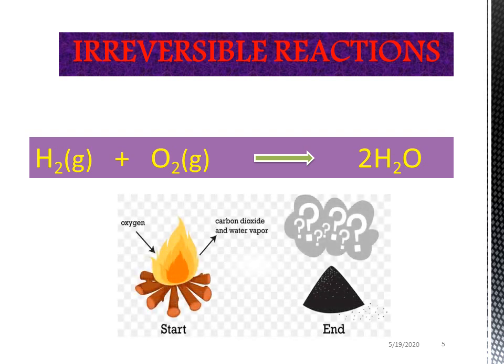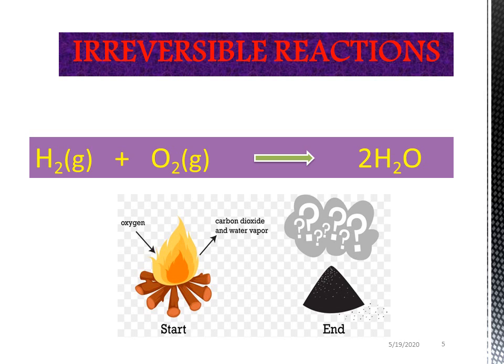Let us look at this common example. When we burn wood in the presence of oxygen, it gives us carbon dioxide and water vapor, and at the end we get only coal, but we can't react that coal and get the wood back in the backward direction. This means that these reactions are somewhat like physical changes.